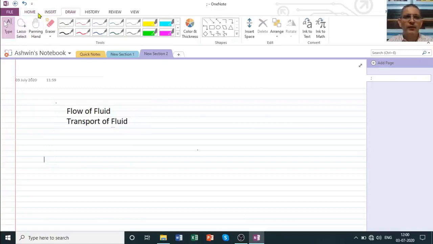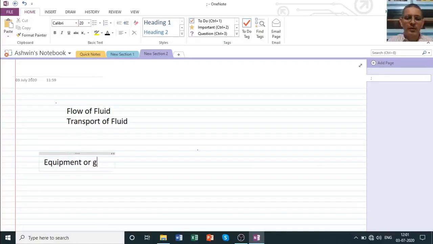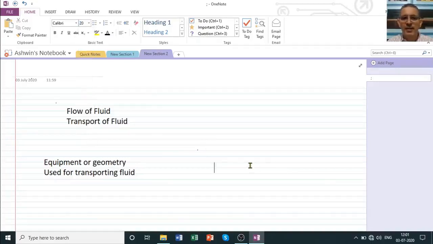We can do this in different ways: bucket, rope and bucket, pump. So equipment or geometry used for transport. That's the second thing. Third thing we said is the energy that is required, or power that is utilized in transporting the fluid at a certain rate through an equipment.